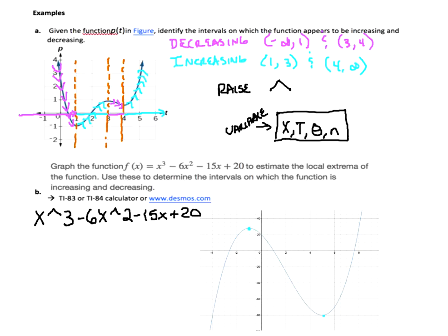Don't click the trace button yet because you don't want the trace function. You want the second function on that button that says CALC. That's your calculate menu. So you push the second key. The second key is this button right at the top left of your calculator that's a light blue color.